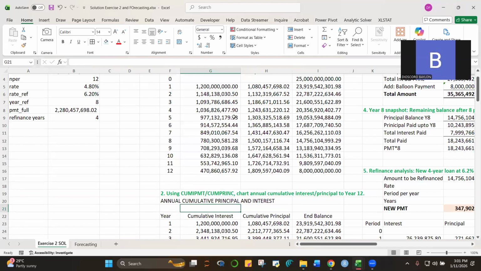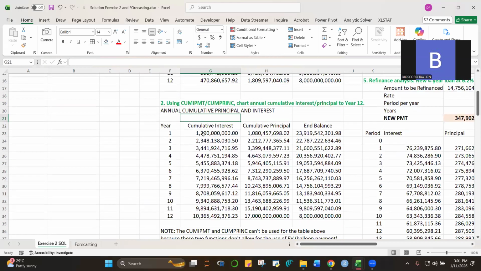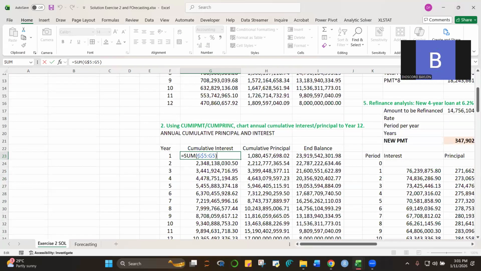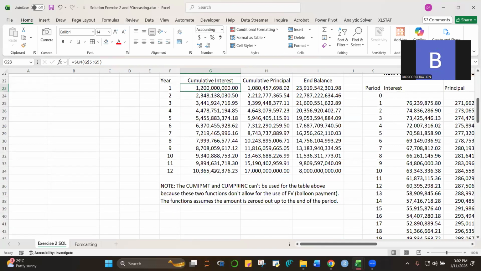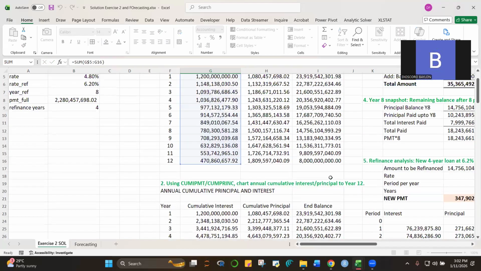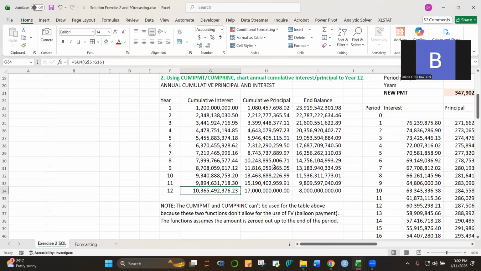So what we have to do is just to add up the interest. Notice our formula is from this one up to this one, and then we copy that down, fixing the first cell. If you take a look at the last one, that's sum of G5 to G16. Same thing for your cumulative principal.